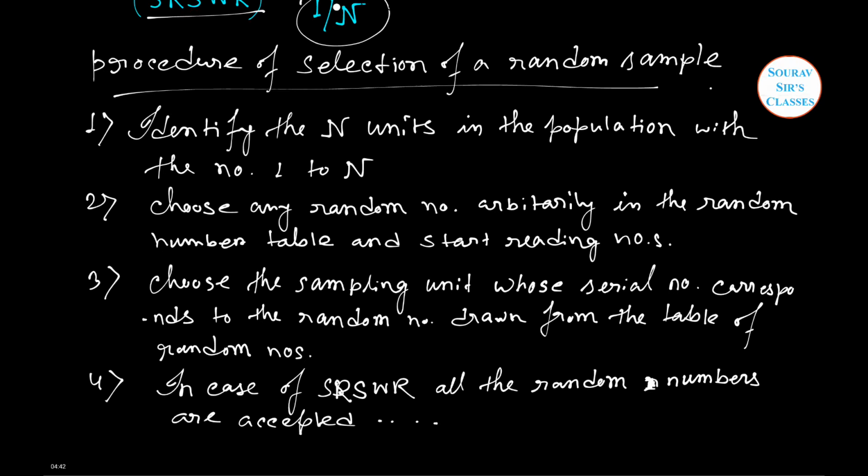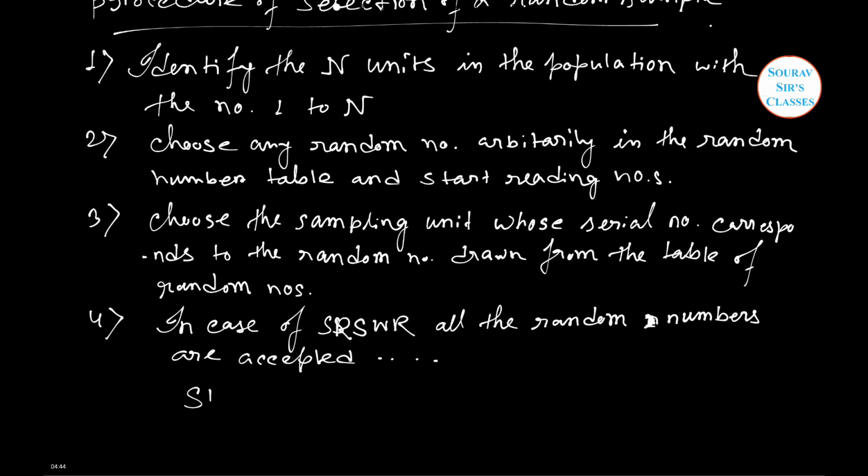In case of SRSWOR, if any random number is repeated, then it is ignored and more numbers are drawn.